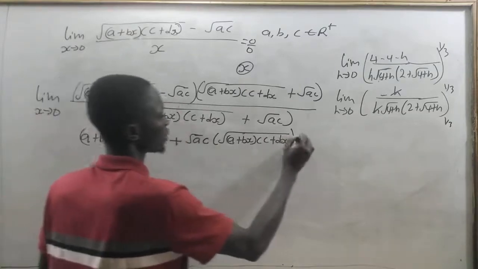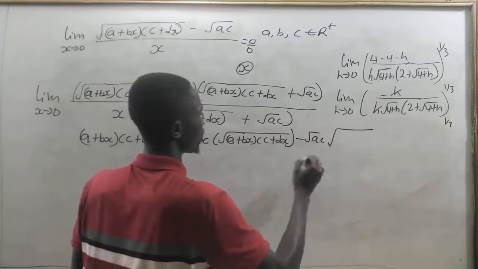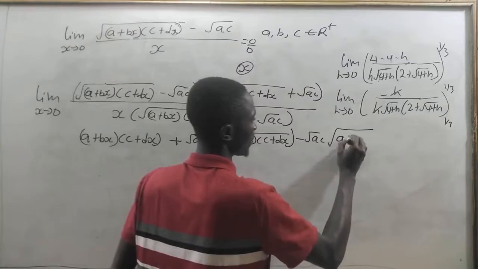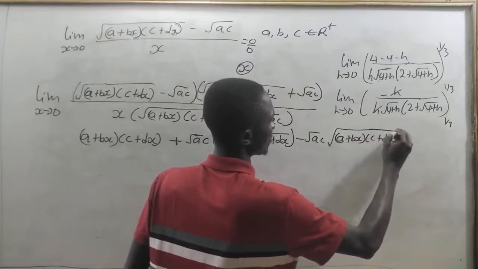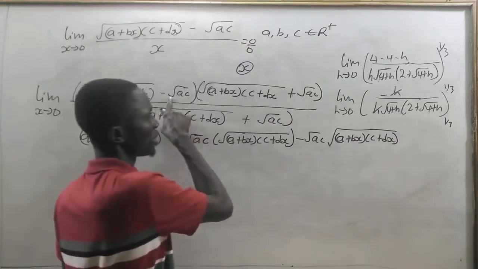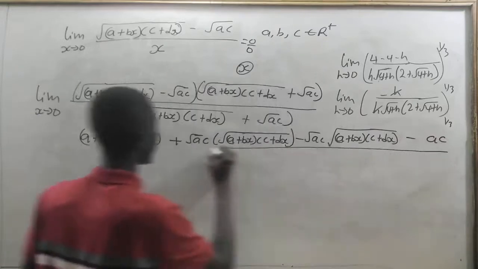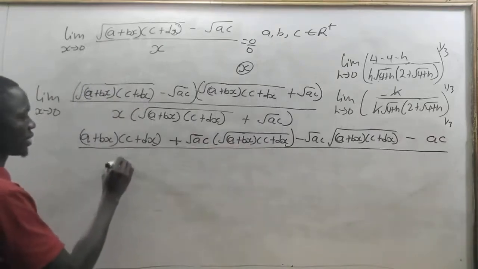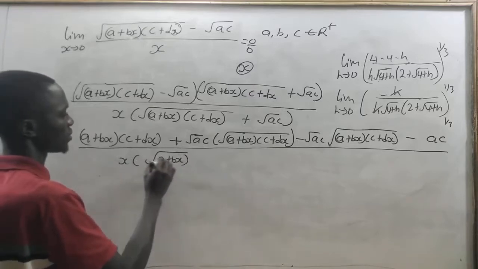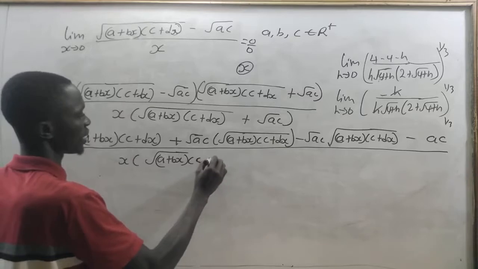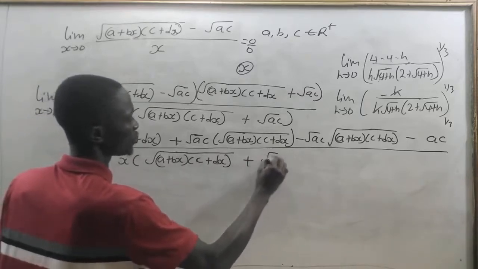Then this time this will give us minus the square root of ac times the square root of a plus bx times c plus dx, and then minus with ac times positive with ac will give us minus ac, all divided by x times the square root of a plus bx times c plus dx plus the square root of ac.